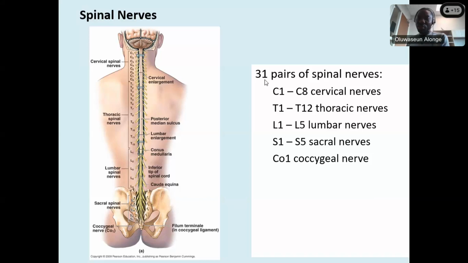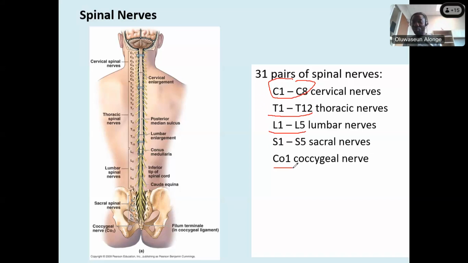And here, we know we have 8 cervical. We know thoracic is usually 12, so it's still 12. Lumbar is 5, it's still 5. Now, you remember when we looked at the skeleton, I told you that the sacrum, even though it is 1, is made up of 4 to 5 bones.